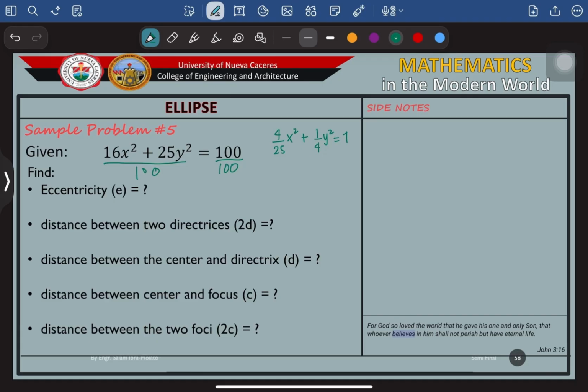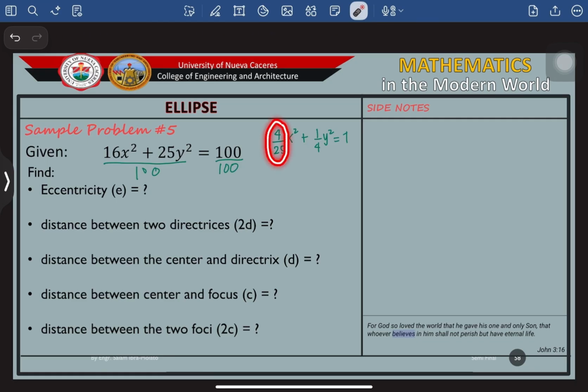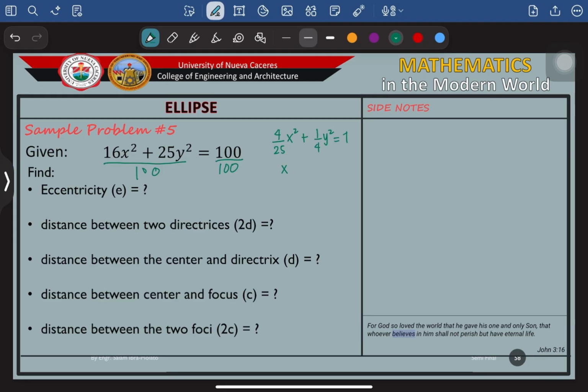But take note that we need to get the denominator for us to determine the major and minor axis. So by getting the reciprocal of this coefficient, we get x squared over 25 over 4 plus y squared over 4 is equal to 1.